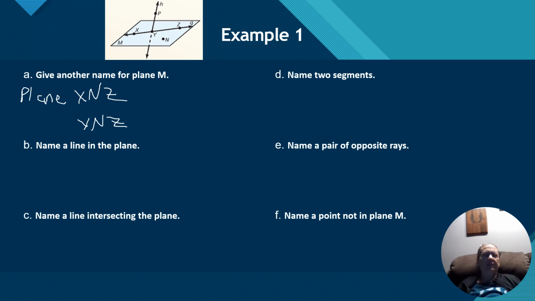All right, the second question asks us to name a line in the plane. So the line that is in the plane is the one that's going left to right. There are a few ways to write that line.